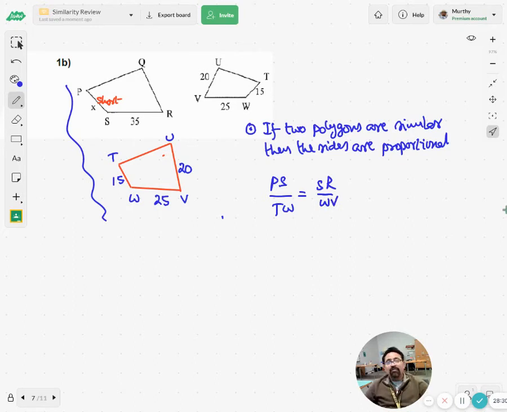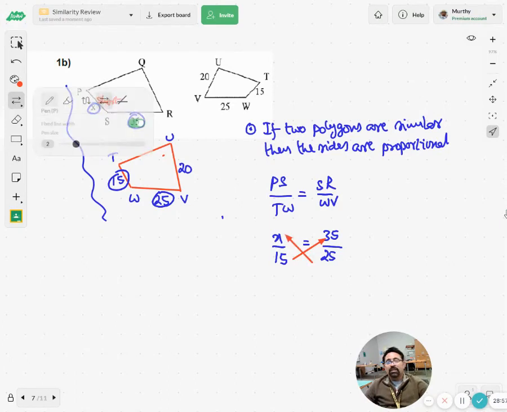Now, just plug in the values. PS, I see that it is x. TW is 15. Then SR is 35. WV is 25. The next step, what to do? So we go for cross multiplication. Now it is your turn to compute the value of x.